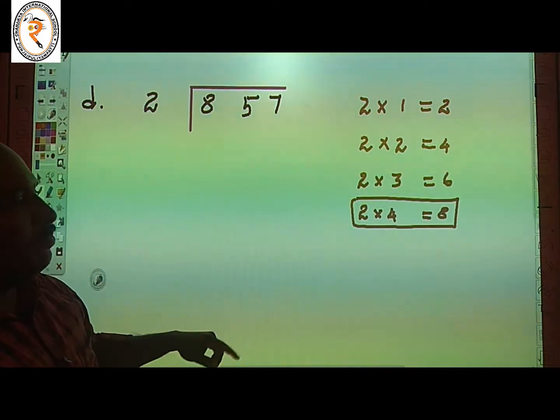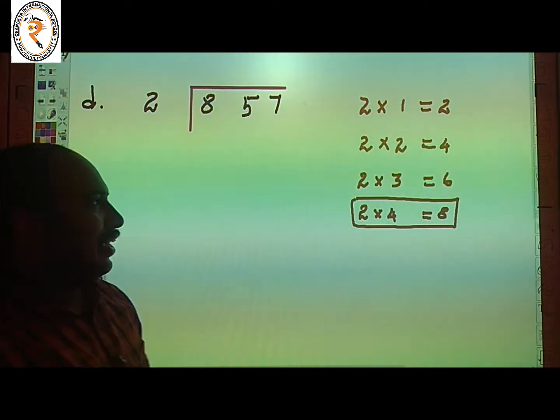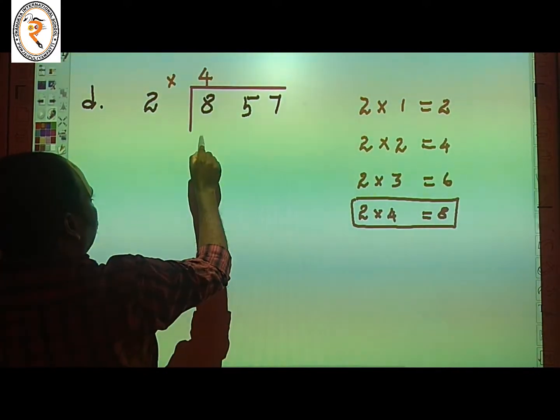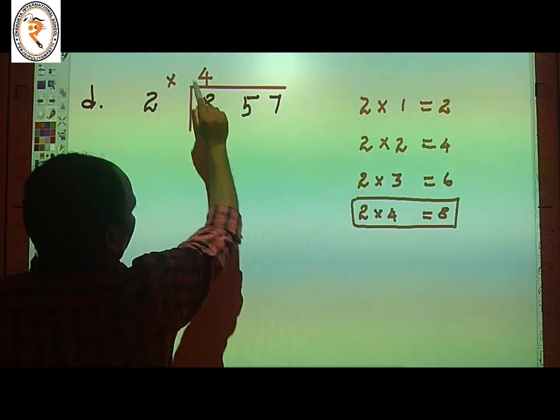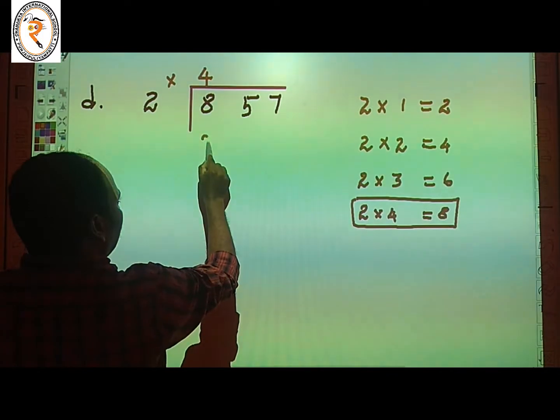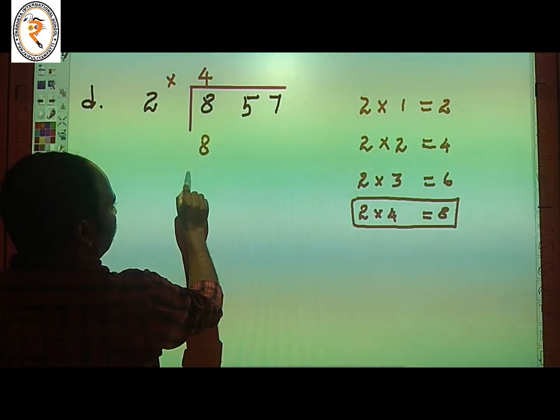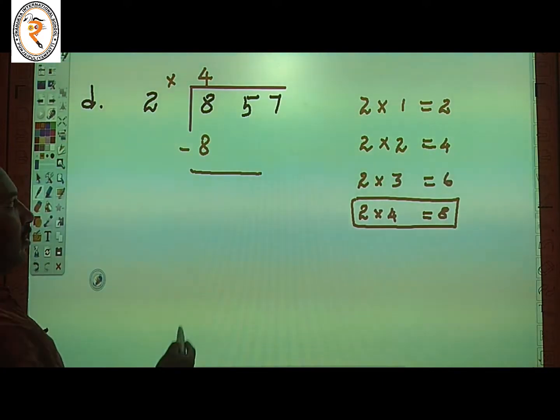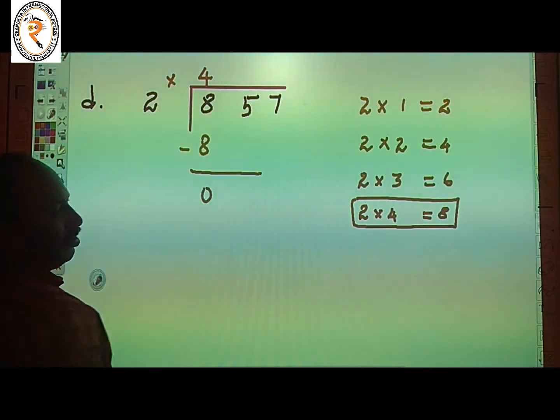Because 8 only, so 2 4s are 8. 2 into 4 is equal to 800. Next we subtract: 8 minus 8 is equal to 0.